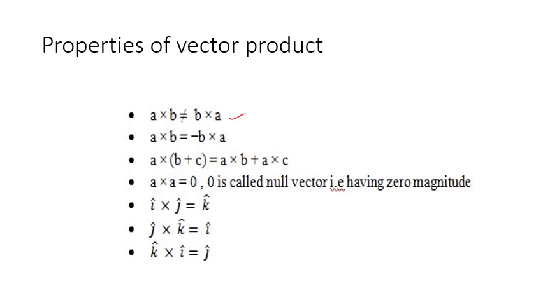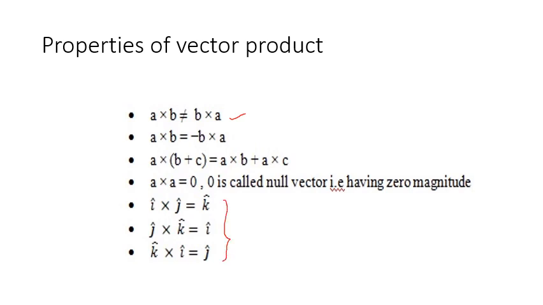And look at the third property, A cross (B plus C) equals A cross B plus A cross C. So what is this rule? Vector product is distributive in nature. And look at the fourth property, A cross A is equal to 0. So 0 is called null vector, that is having 0 magnitude. And the rest of the 3 points are very important.